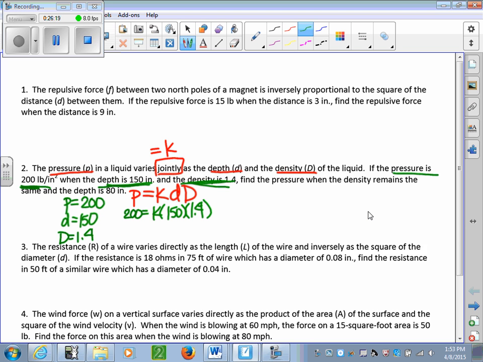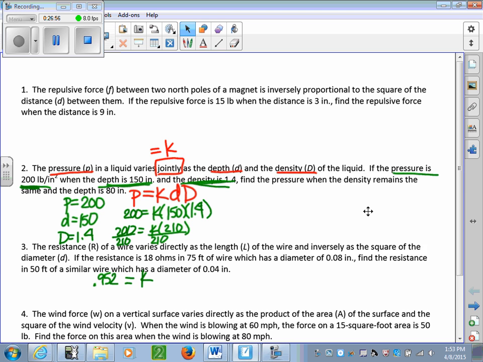So then I end up with K times 210 equals 200. Divide both sides by 210, which gives me 0.95. It's going to give me a variation constant of 0.952, we'll just round it off. Okay? Alright, so now I have my constant of variation.